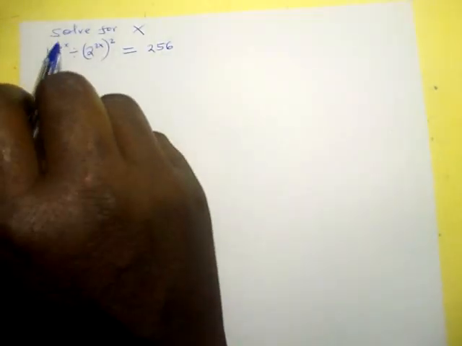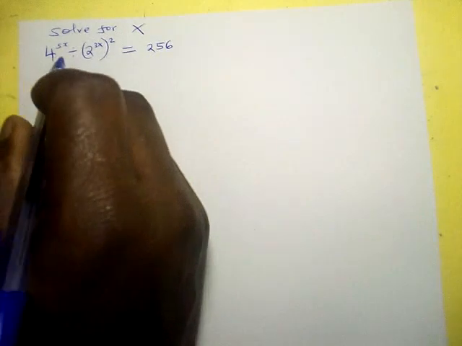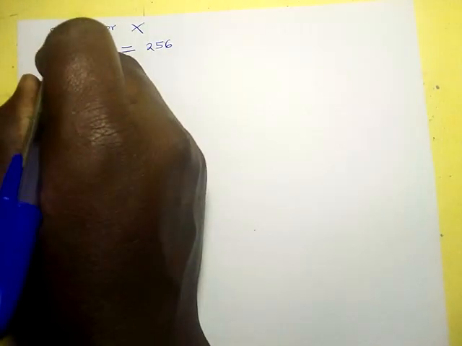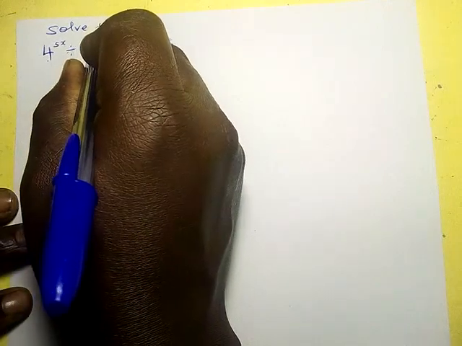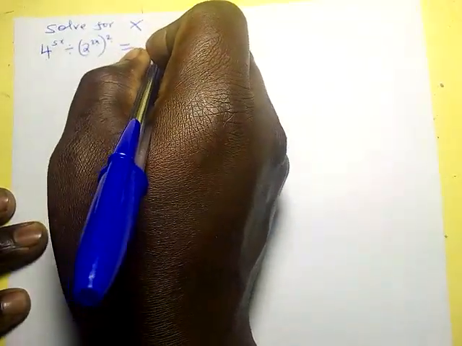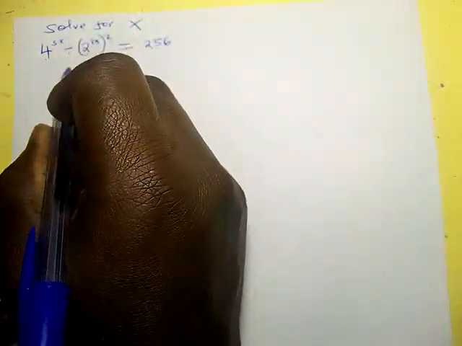More examples. Solve for x. Now we have 4 raised to power 5x divided by 2 raised to power 3x, in bracket, raised to power 2, equal to 256. Now this is a division.